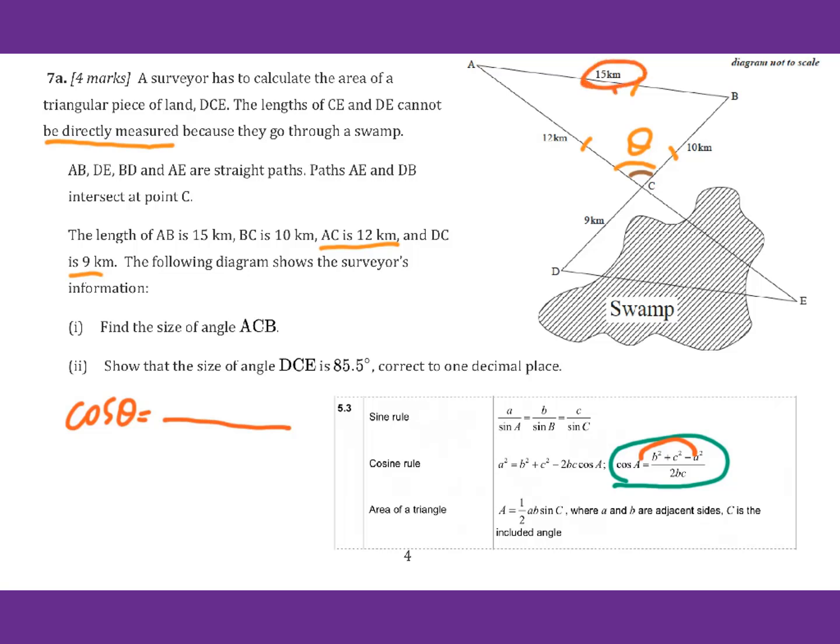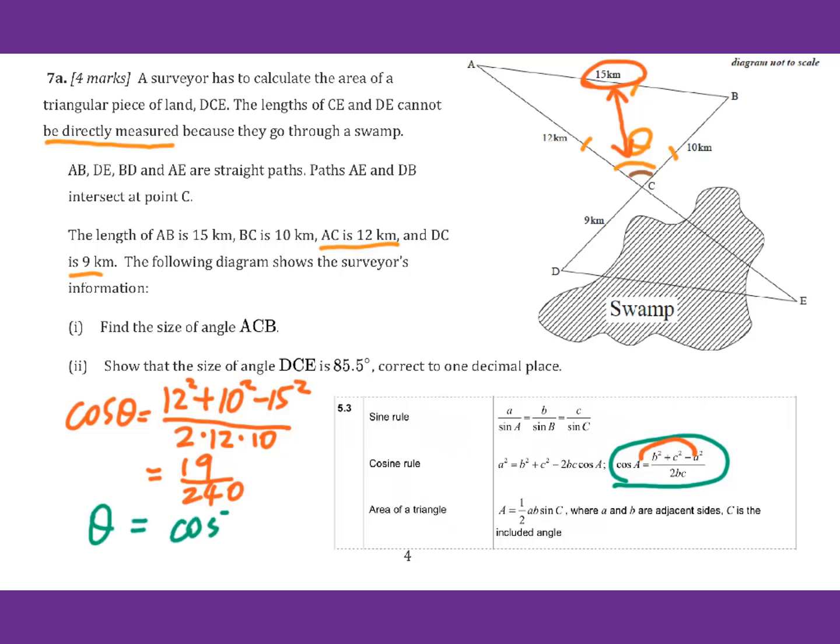the corresponding side and angle. So we have 12 squared plus 10 squared minus 15 squared over 2 times 12 times 10. We put it into the graphing calculator, you will get 19 over 240. Then this is cosine theta.